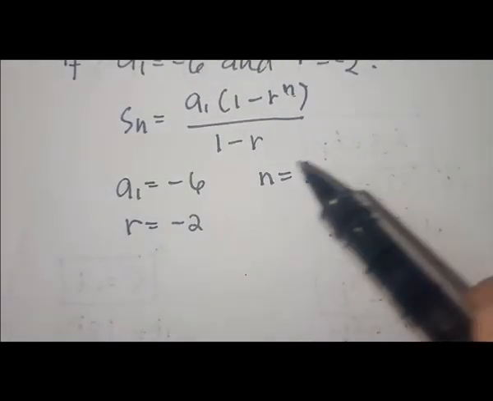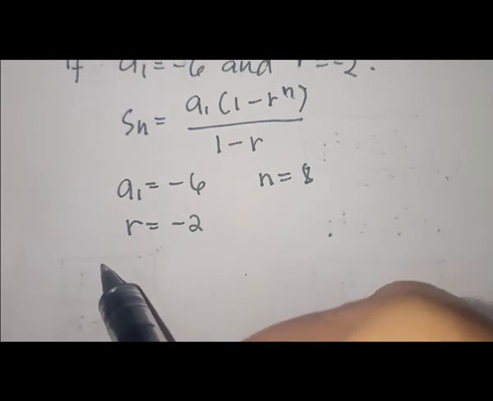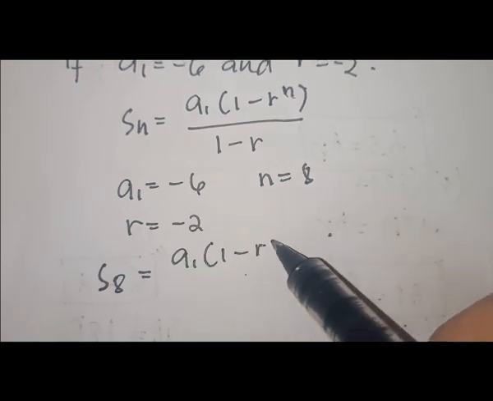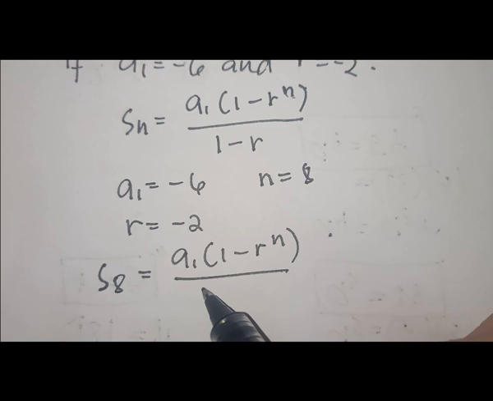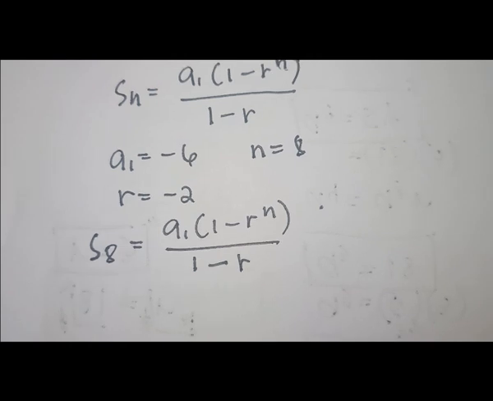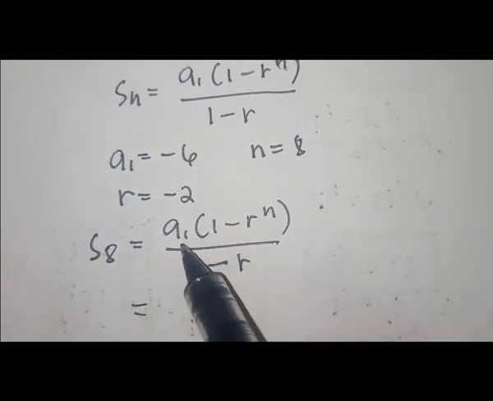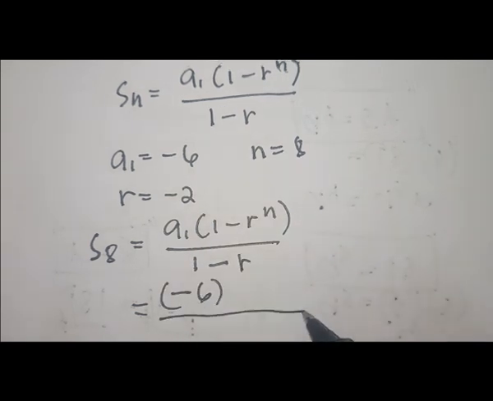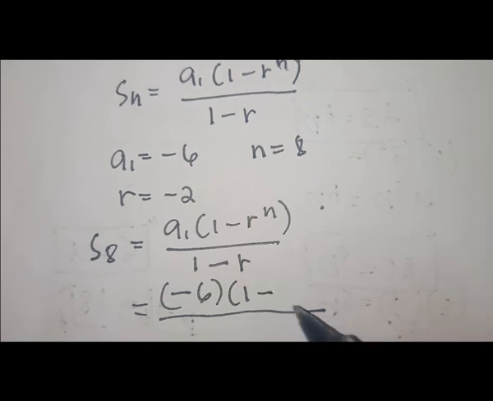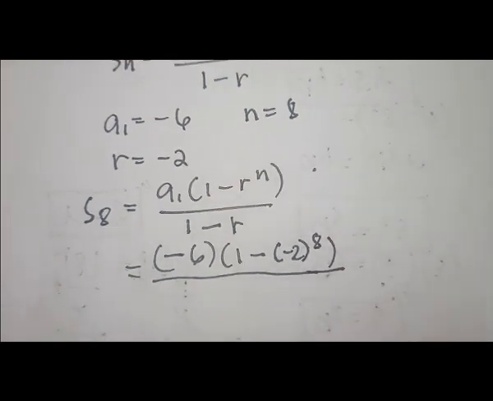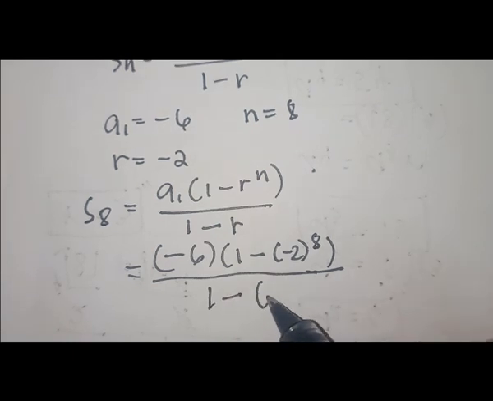From the given, the equation will be S sub 8 is equal to a sub 1 times 1 minus r raised to n over 1 minus r. Then substitute the corresponding values: a sub 1 is equal to negative 6, times 1 minus negative 2 raised to 8, over 1 minus negative 2.